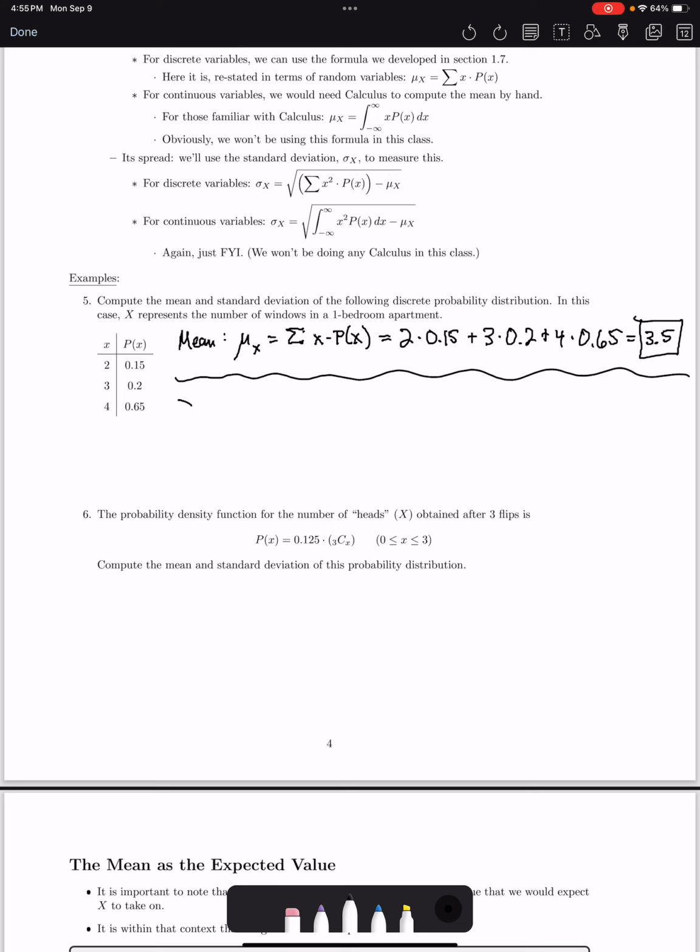So just to compute that part, this is going to look like 2 squared times 0.15 plus 3 squared times 0.2 plus 4 squared times 0.65.